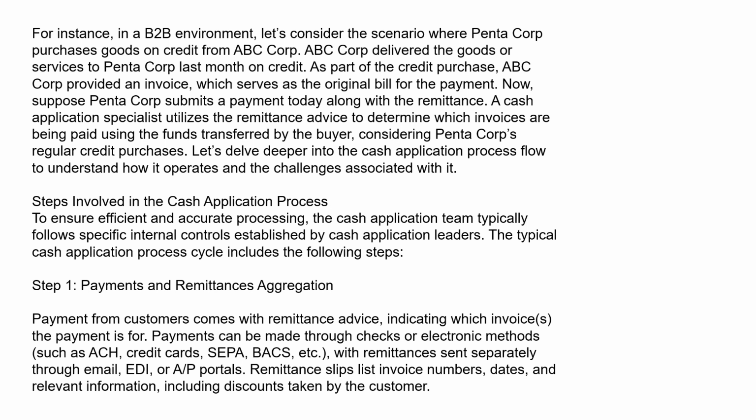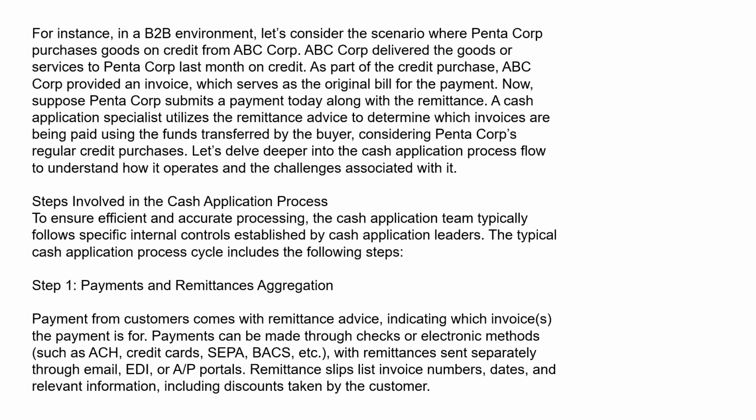Considering Penta Corporation's regular credit purchases, let's delve deeper into the cash application process flow to understand how it operates and the challenges associated with it. Here, Penta Corporation is doing a credit purchase from ABC Corporation, which delivered goods and services last month on credit.